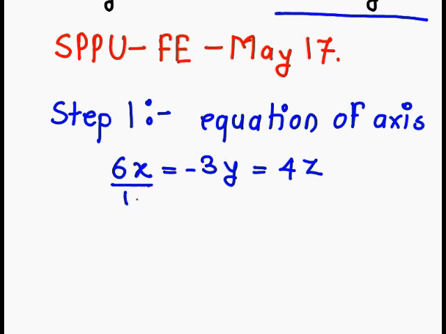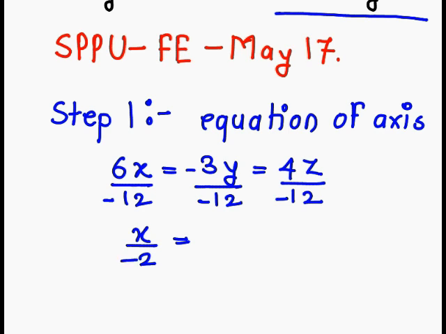So dividing by 12 to each term, we get an equation that is x upon 2 is equal to, remember, we need to make the coefficient of x, y, z as 1. So here we divide it by minus 12. So we get x upon minus 2, y upon 4, z upon minus 3.